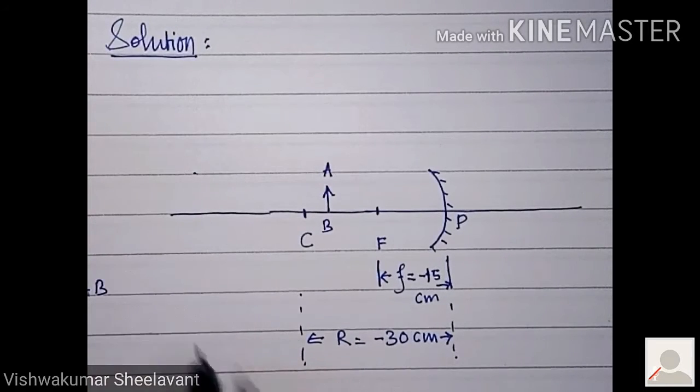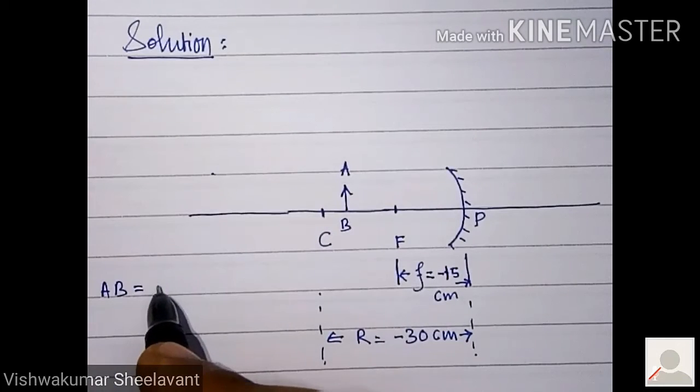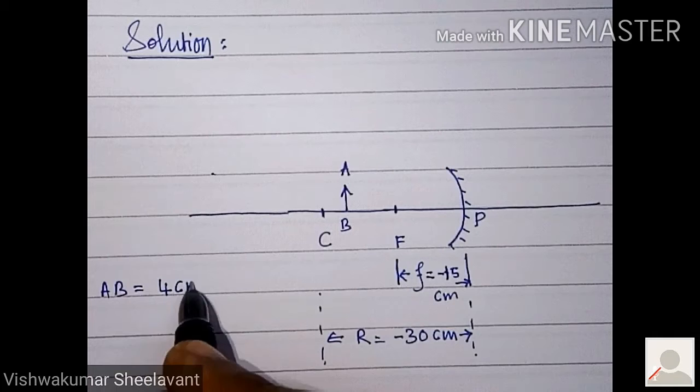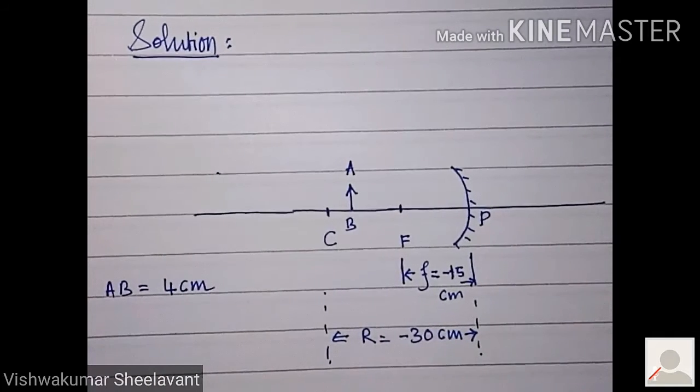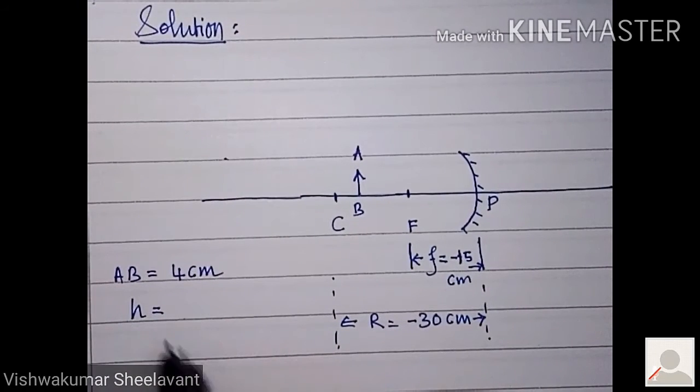AB is of what length or what height? It is 4 centimeter. AB is nothing but object height. So you take it as h. Therefore h is equal to 4 centimeter.